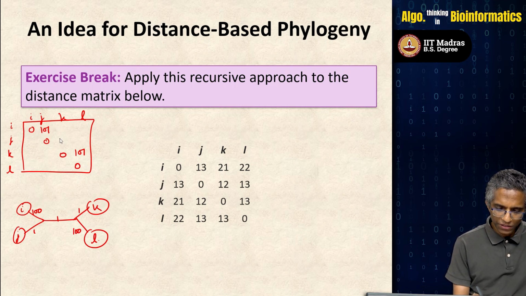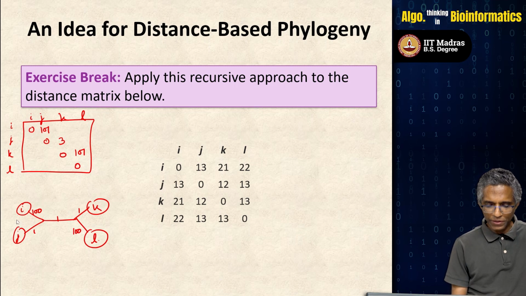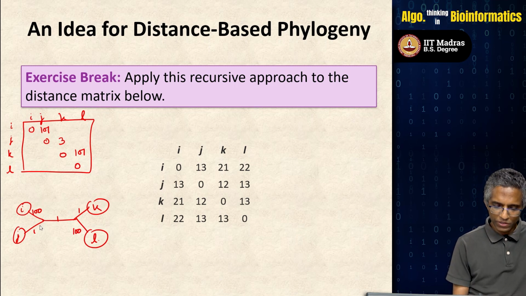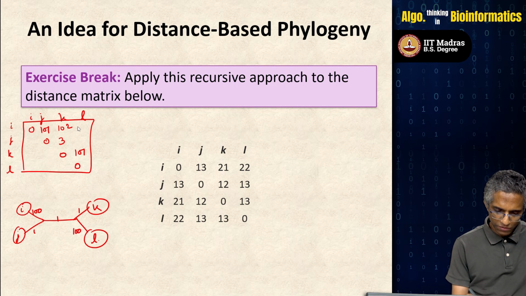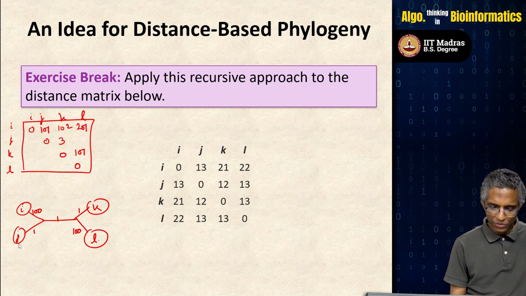Okay. You have i to k is 102, you have i to l is this one, that is 201. What is j to l? That is 102.